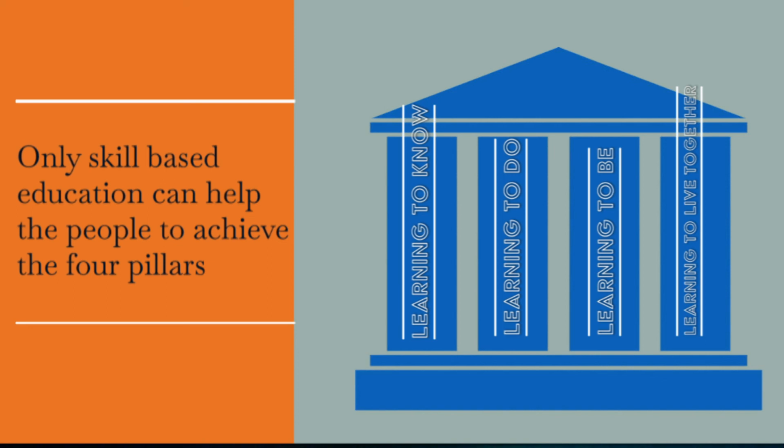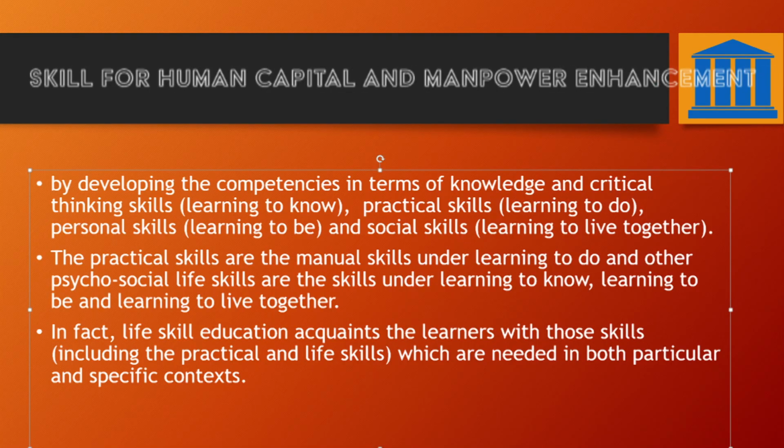So only skill-based education can help people achieve these 4 pillars by developing competencies in terms of knowledge and critical thinking skills, which are related to learning to know, practical skills related to learning to do, personal skills related to learning to be, and social skills related to learning to live together.